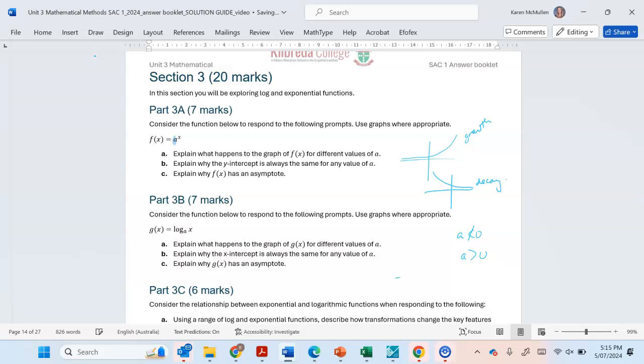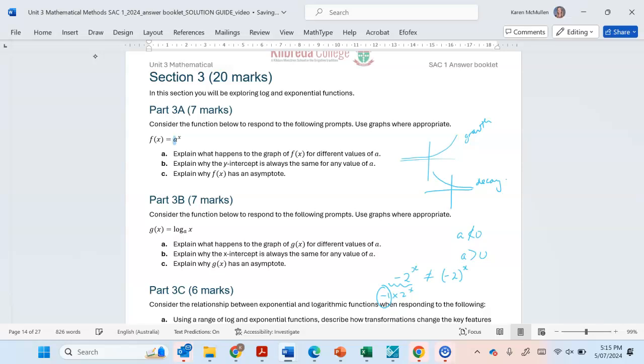So don't confuse negative 2 to the power of x with negative 1 times 2 to the power of x. Effectively what I've got here is negative 1 times 2 to the power of x, and this negative 1 is our reflection.